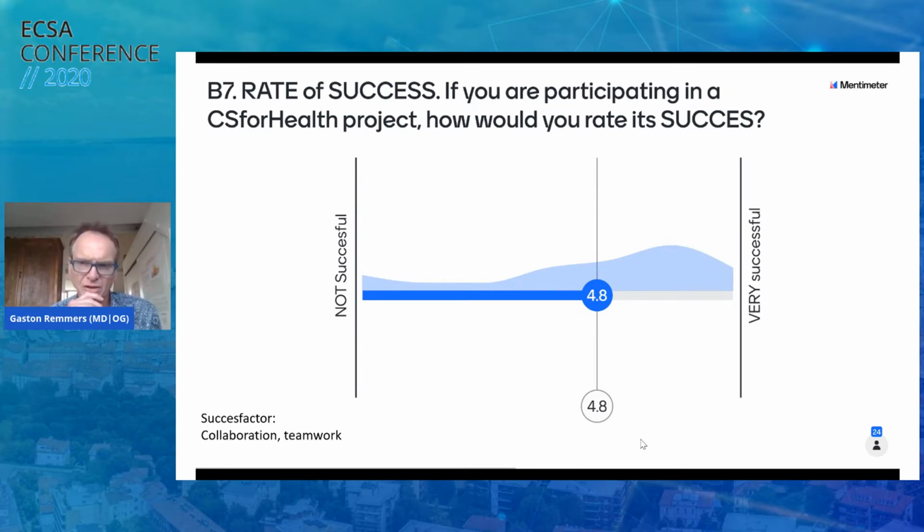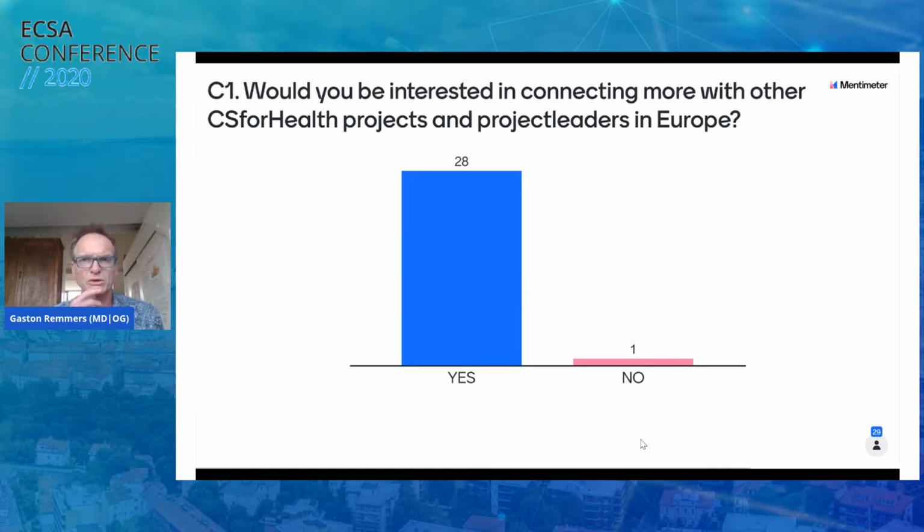And the key factors identified in the session for success were either the absence of collaboration when it didn't work, or the presence of collaboration and teamwork. So this is very essential to getting things done in this domain, and it is also the grounding for why people would like to connect more with other citizen science for health projects and project leaders in Europe.